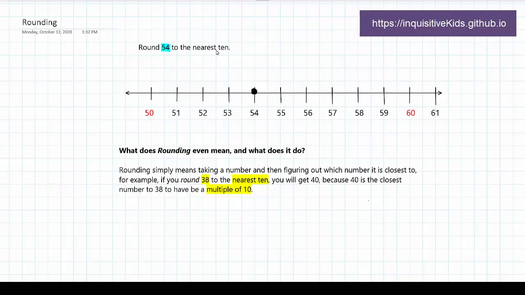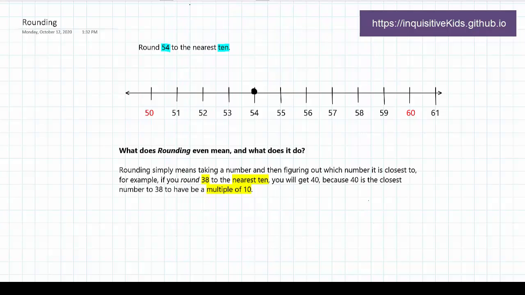Now, you have to ask yourself, in this problem, what landmark number am I trying to get closest to? It could be the nearest tens, hundreds, or even the thousands, 10,000s, and so on. Right now it says round 54 to the nearest 10. That means we want to figure out which multiple of 10 is the closest to 54.